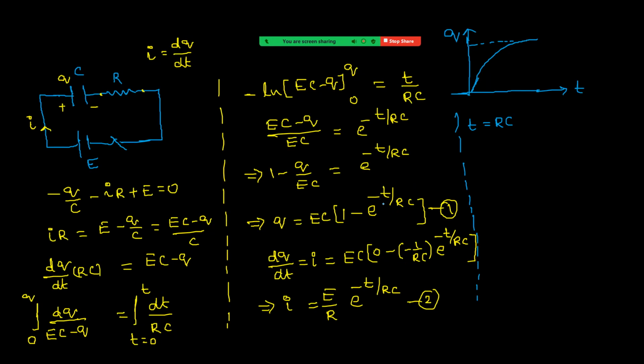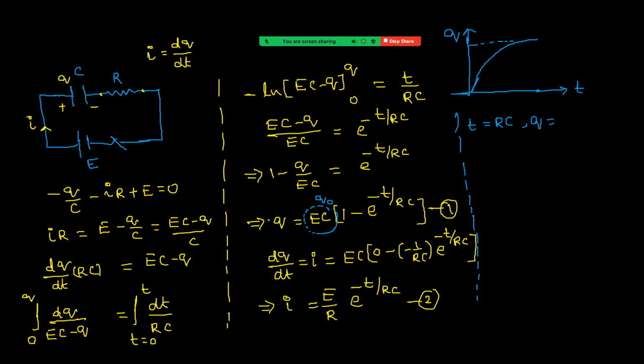See carefully, when t value is infinity, this is 0, right? So the maximum Q value is equal to EC, that is the maximum charge. Let us take it as Q naught.